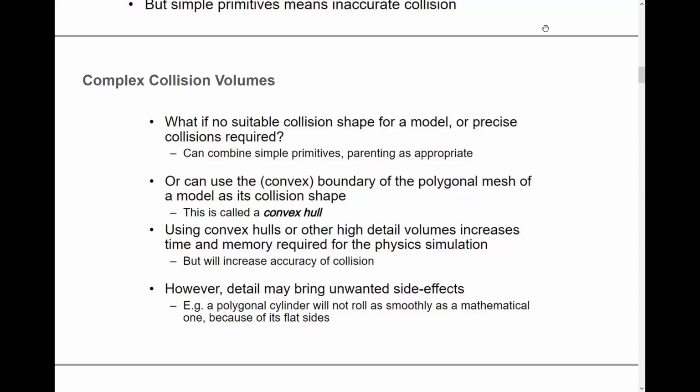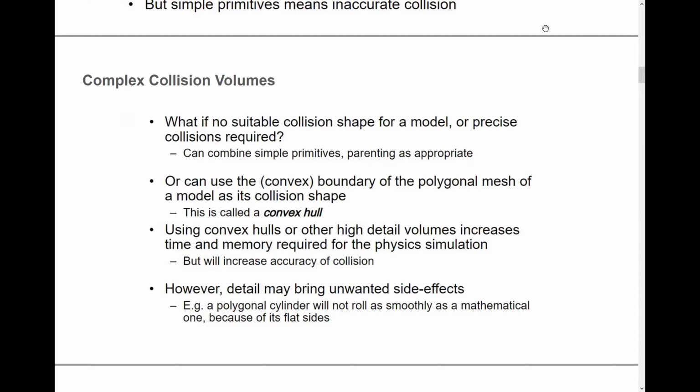If there's no such requirement, then we can simply use the primitives, or we can use the boundary of the polygonal mesh of a model as the collision shape, which we call a convex hull. Using this convex hull, we increase the time and the memory required for the physics simulation, and at the same time, it will increase the accuracy of the collision as well.